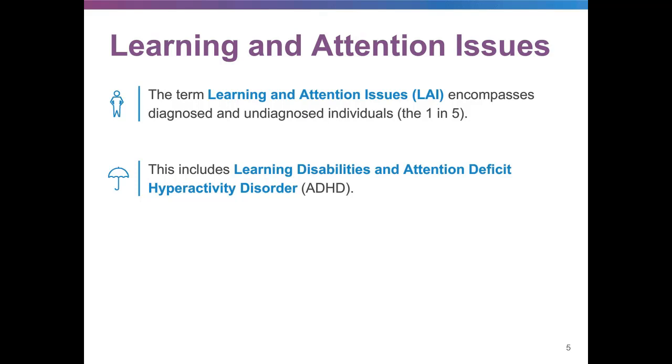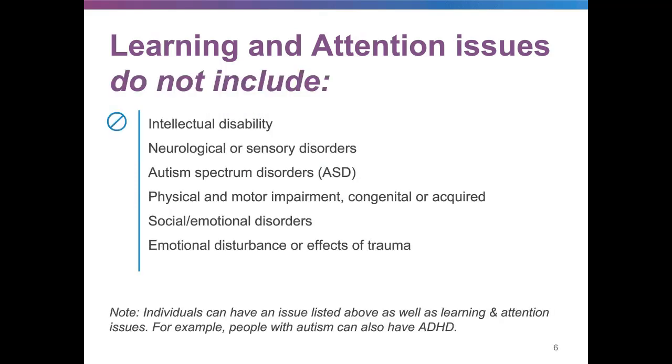When we talk about learning and attention issues, we do not include intellectual disability, autism spectrum disorder, physical or motor impairments, emotional disturbance or social emotional disorders, or the effects of trauma. Now, of course, we know, and hopefully you do too, that kids with these conditions, intellectual disability or autism spectrum disorder or the effects of trauma, can also experience learning disabilities or ADHD, learning and attention issues broadly.